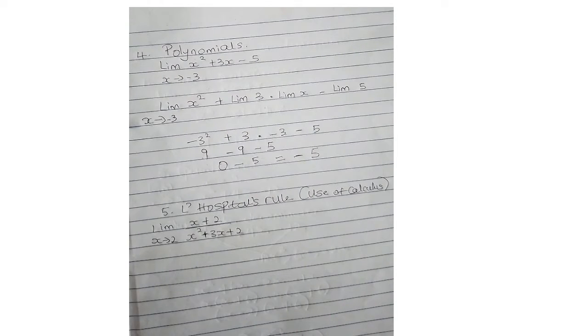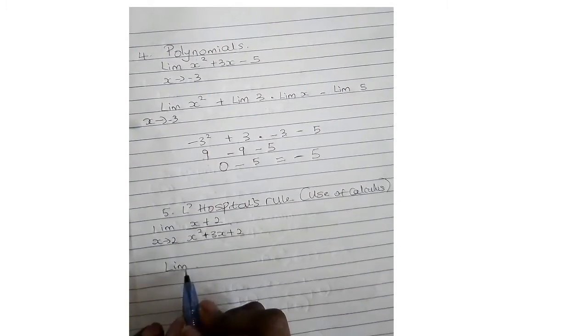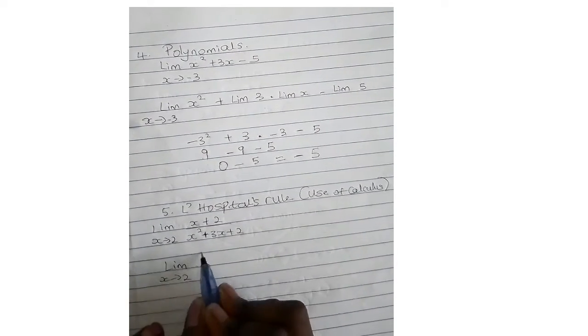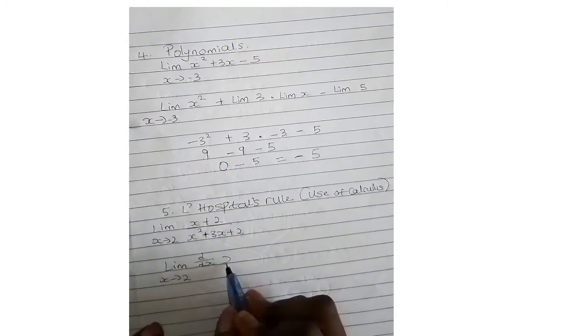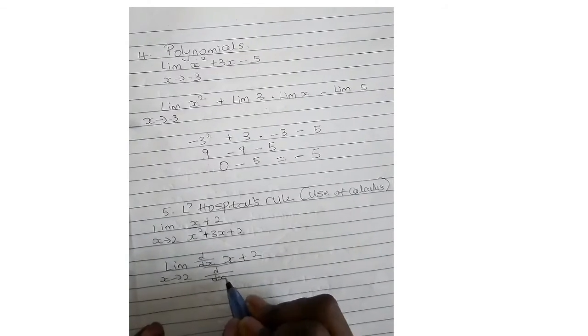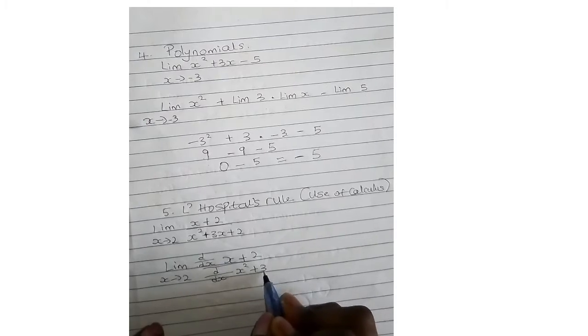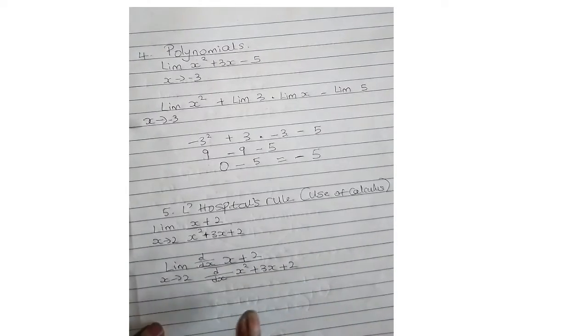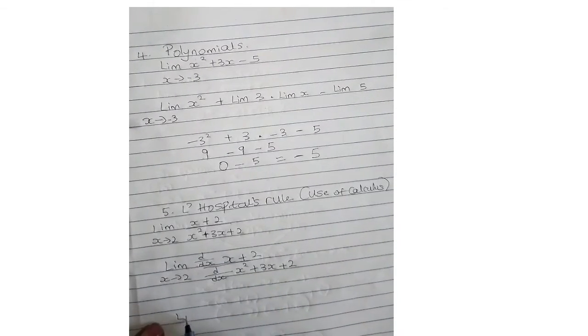So we can write this as the limit as x approaches 2. So when we differentiate this, we are going to have the limit as x approaches 2.